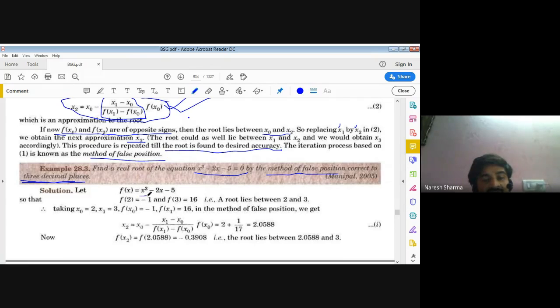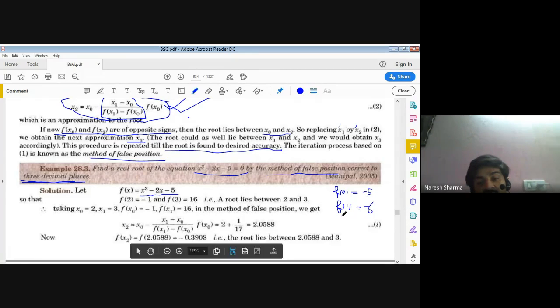So we have a function here. If you put 0, the value of the function at 0 in this example is minus 5. Then I put 1: it is 1 minus 2 minus 5, so it is minus 6.